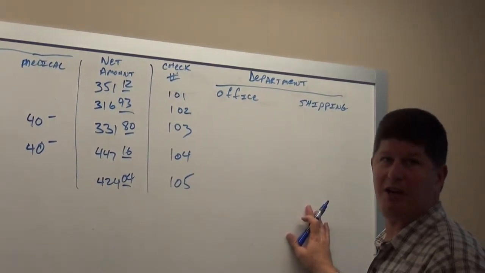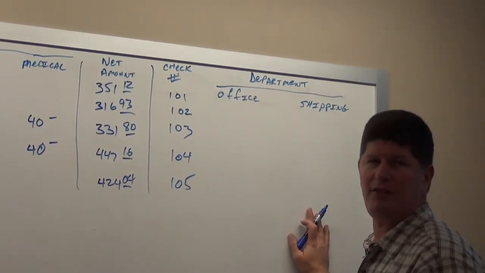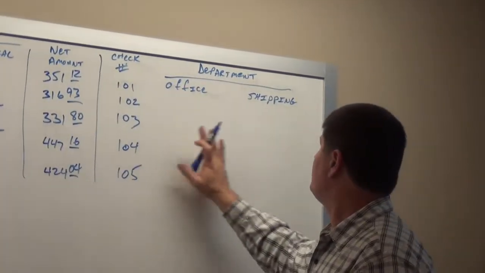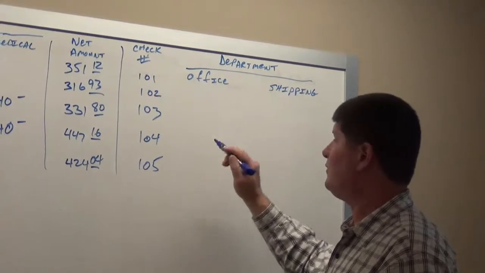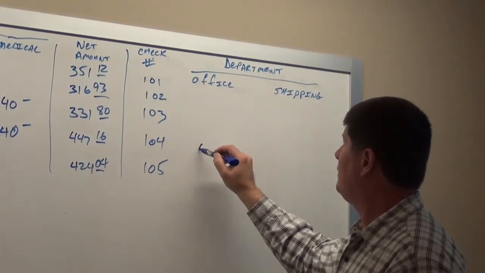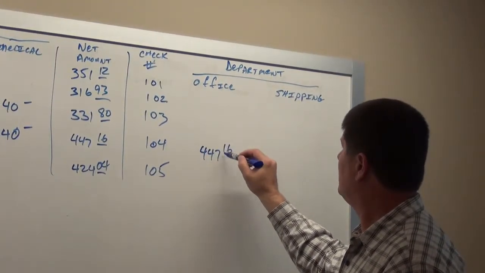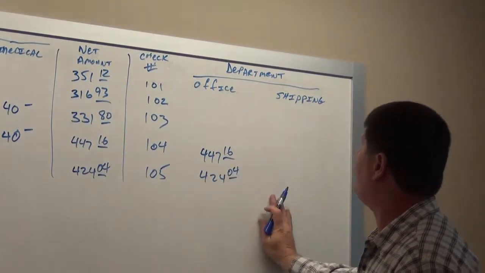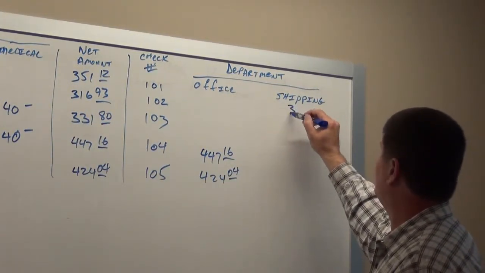Some companies have manufacturing, office, accounting, delivery. I just used two as an example, office and shipping. Let's say this person and this person work in the office and the rest work in shipping.